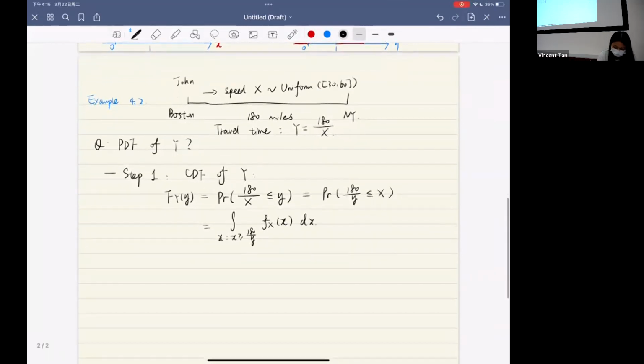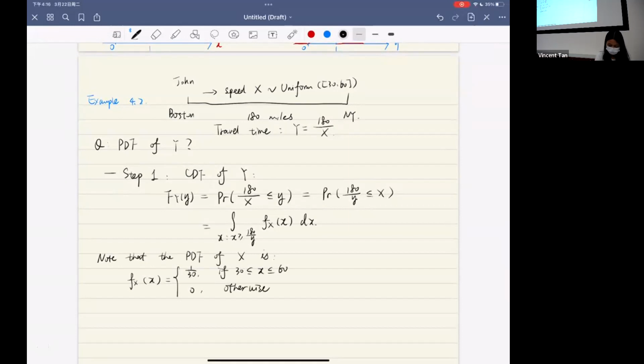So let's write out the PDF of x first. X is uniform on 30 to 60, and otherwise 0.